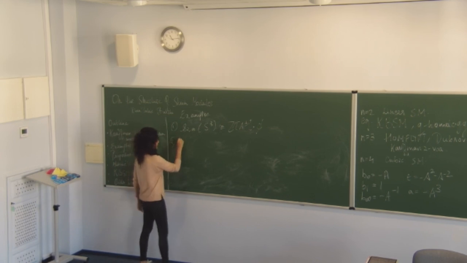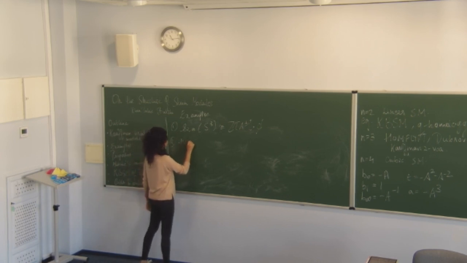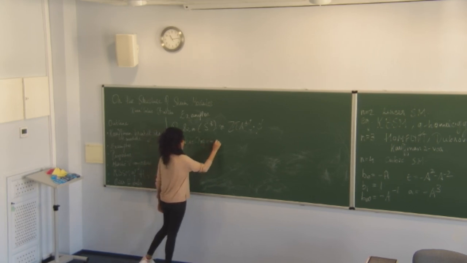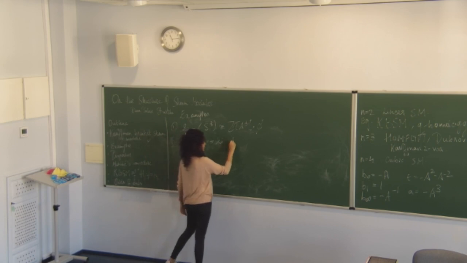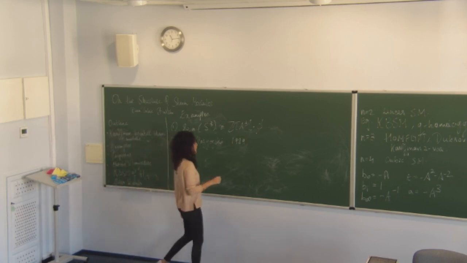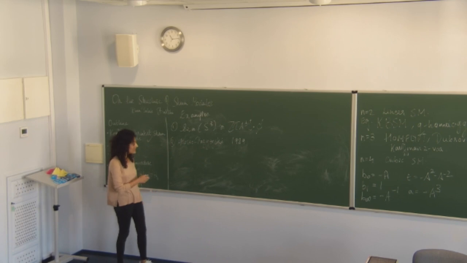Then you have Jim Hoste and Przytycki, who in 1989 computed the Kauffman bracket skein module for lens spaces over the ring of Laurent polynomials with integer coefficients.